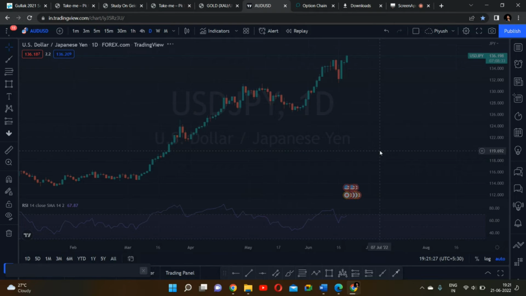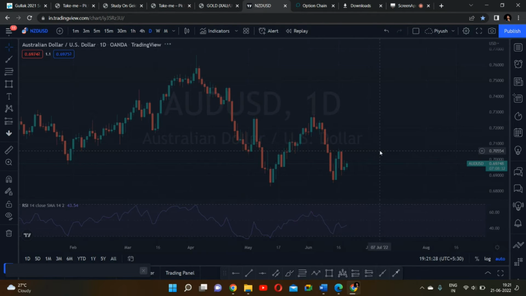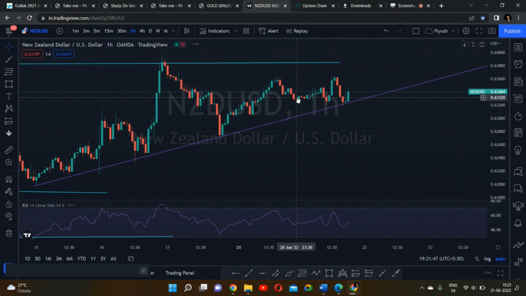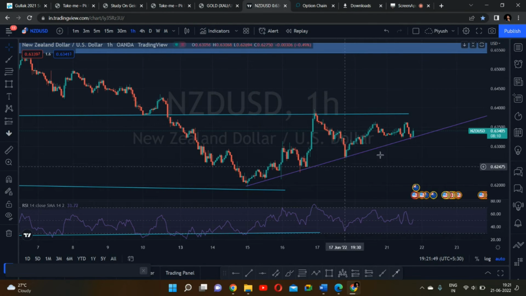Next trade we are going to look in New Zealand dollar. This pair also has a similar kind of pattern. We can see here a bullish divergence on daily time frame. Also, there is a possibility of formation of double bottom in such kind of pattern. And on smaller time frame, we can see that this is following a trend line to go upside, and it is facing a resistance over this zone.